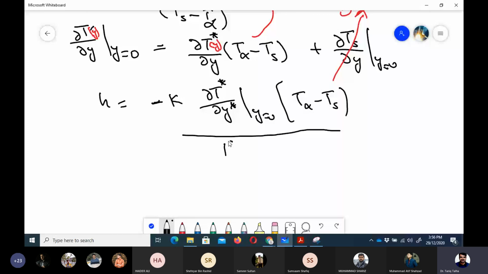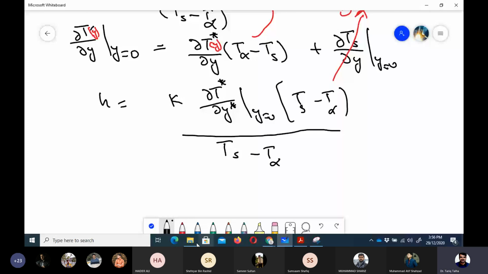Now if I take this minus inside, then it would become Ts minus T infinity. So we have it in the numerator as well as the denominator, so we can just cancel it, right?